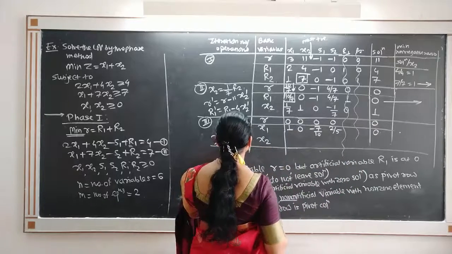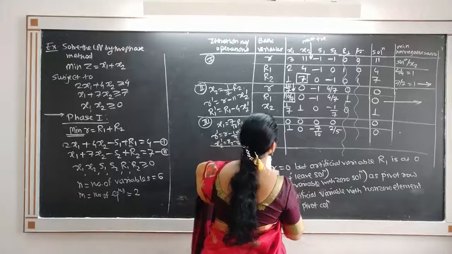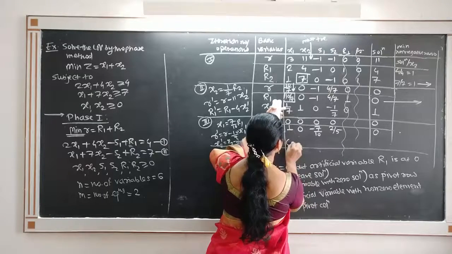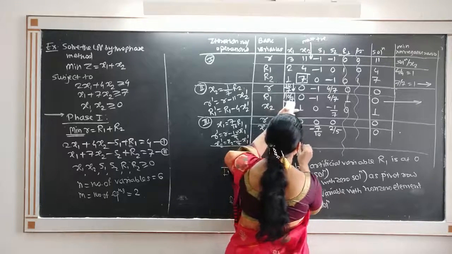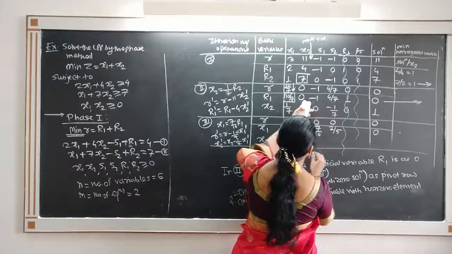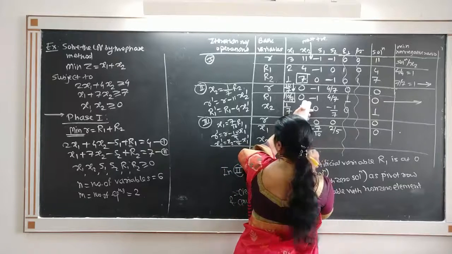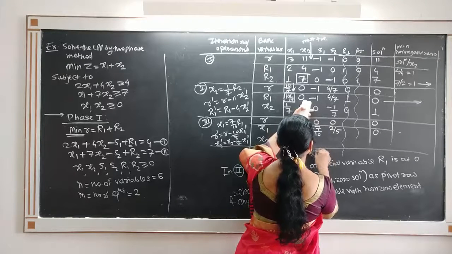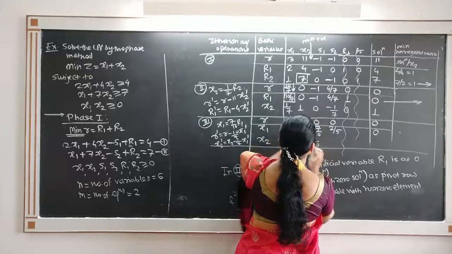Now see next, X2 dash is equal to X2 minus 1 by 7 times the X1 row. 1 by 7 minus 1 by 7 is 0. 1 minus 0 is 1. 0 minus 1 by 7 times minus 7 by 10, minus minus plus, remains 1 by 10.